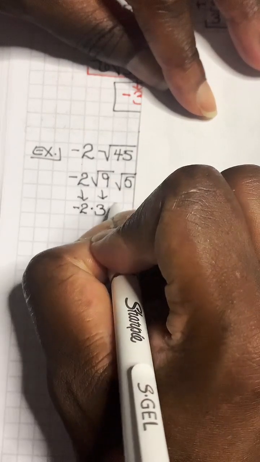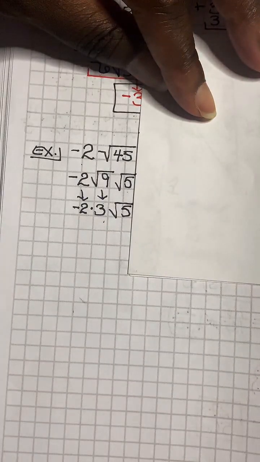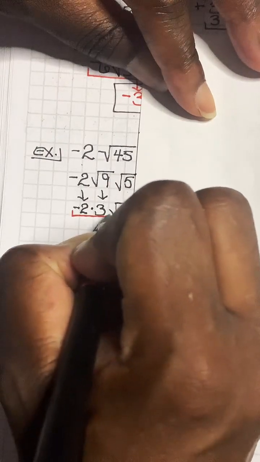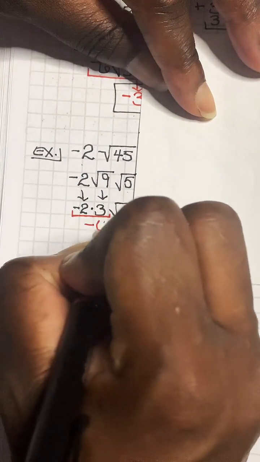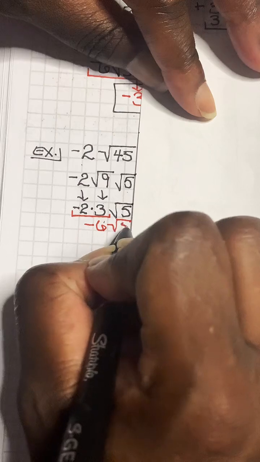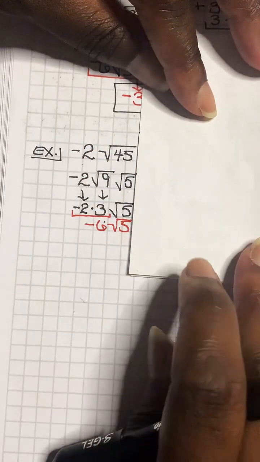If I can't break it down, I'm going to bring it down. So now all I have to do is multiply -2 and 3. And that will give me -6. And I bring down the square root of 5. Okay, so that's that first section.